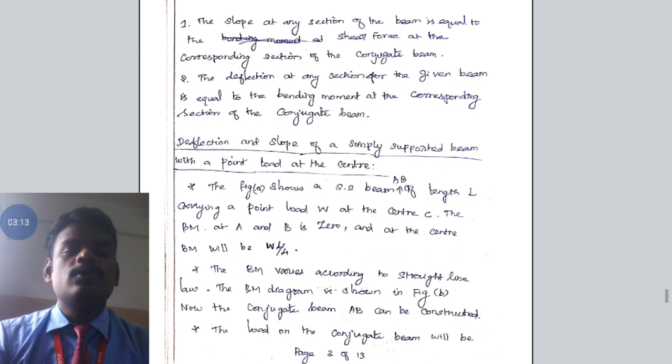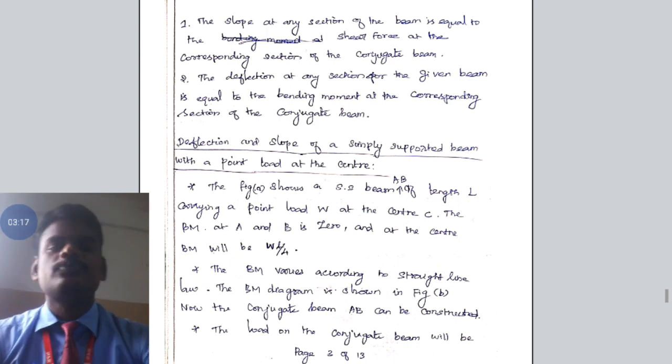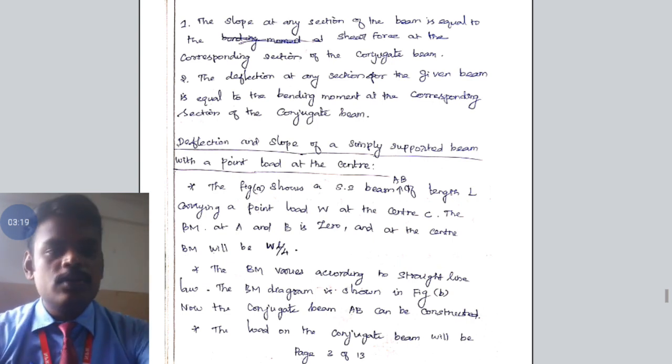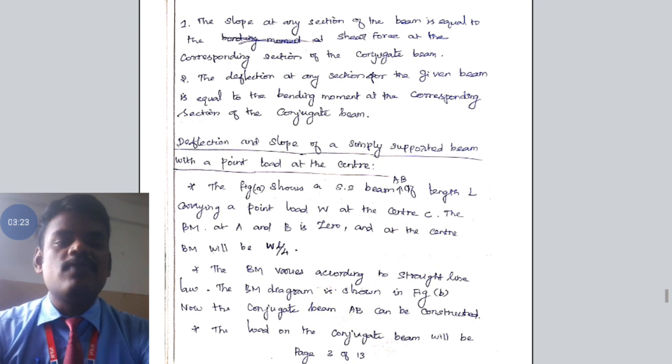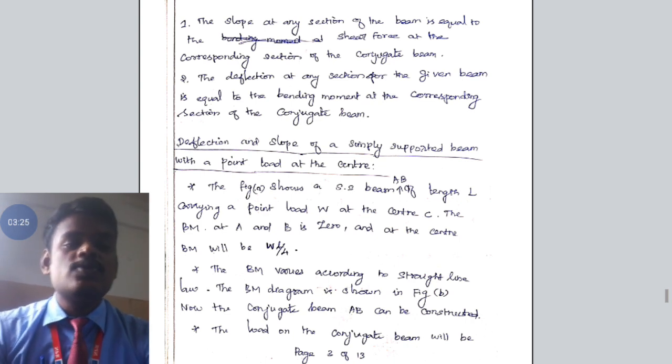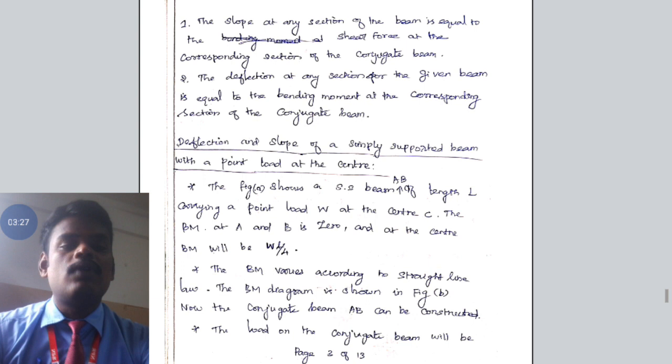Now we are going to discuss the same topic, a simply supported beam subjected to a point load at the center, and find the slope and deflection. By this method we will get the same values that we got in the previous methods.